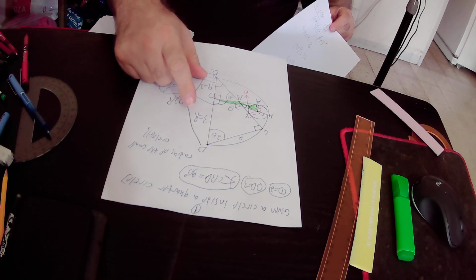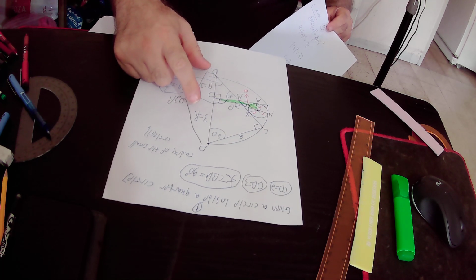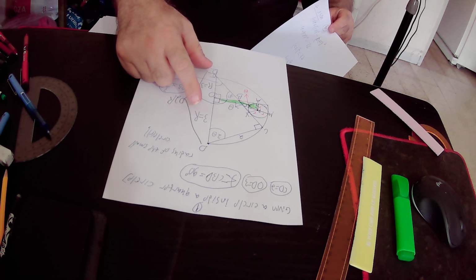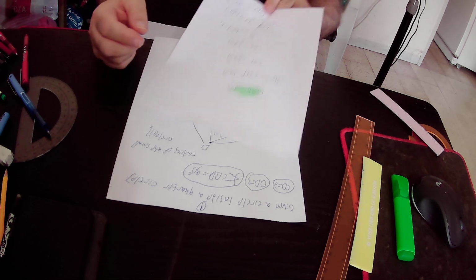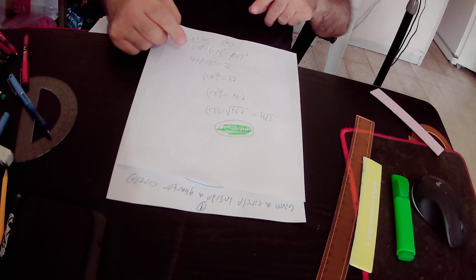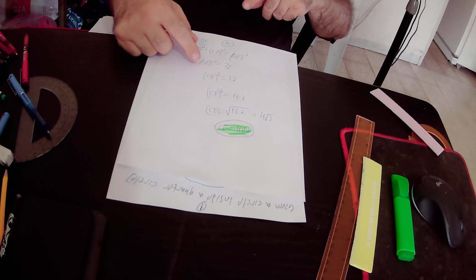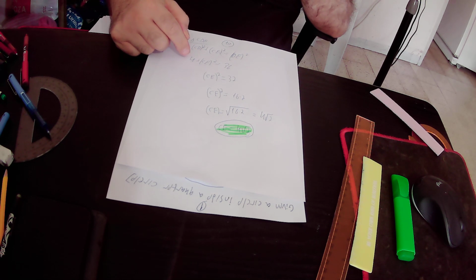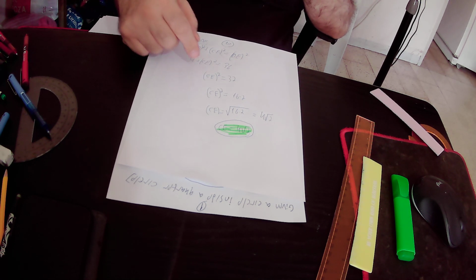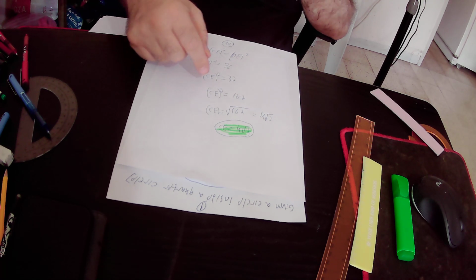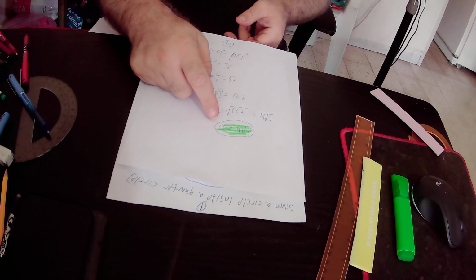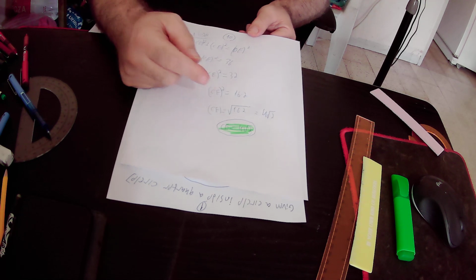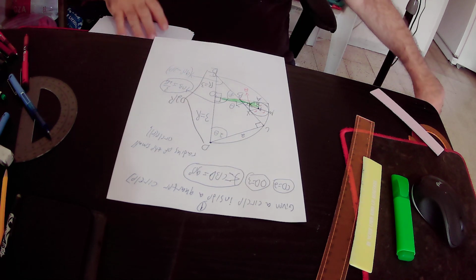DE equals 6, because it is the diameter of the semicircle, which equals 2r. R is 3, so 2r is 6, and DE squared is 36. So 4 plus CE squared equals 36. We subtracted 4 and got that CE squared equals 32. And so we found that CE equals 4 times root 2.